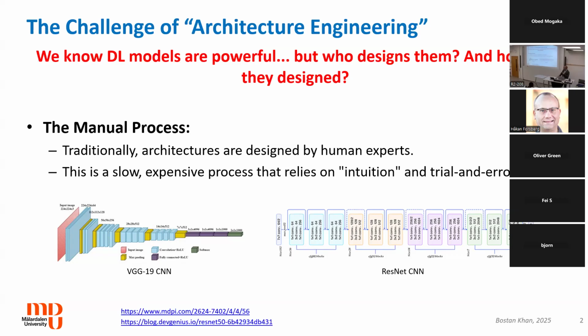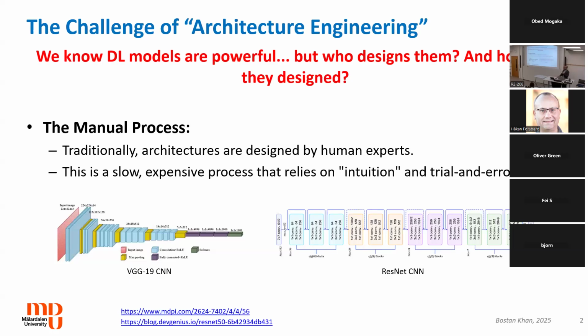That's how these different kinds of models came into being. So the design of these neural networks, convolutional networks, and other kinds of networks was called architecture engineering.